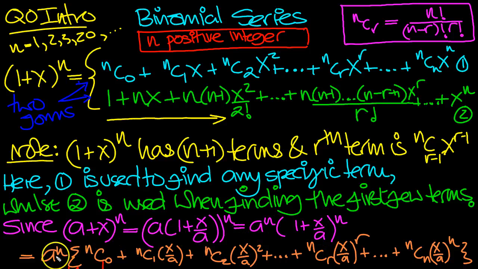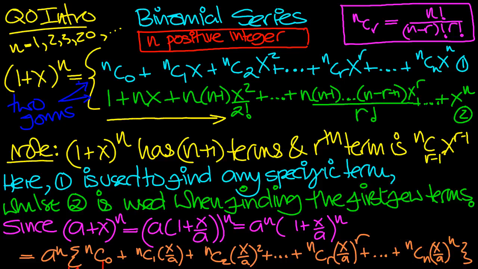So the a to the n can go here, and then we can expand this bracket using the binomial theorem: nC0 plus nC1. Now the input x in this case is x over a. So I've written it here. And then it's nC2, input x squared, and then nC3, and so on, all the way up to nCr, input x is x over a, all to the power r, plus dot dot dot, down to the very last term.